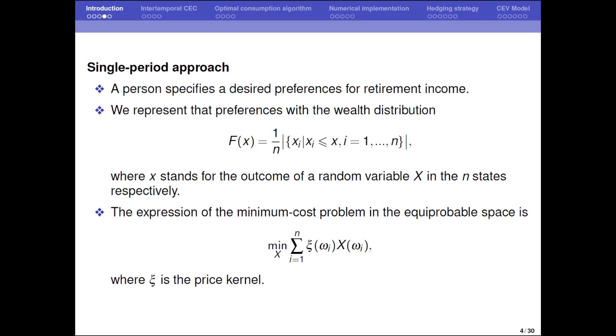The budget, that is the cost of this problem, is the expression of the cost-efficient, that is the minimum cost of the problem: the minimum random variable X that achieves the minimum over all random variables X of this expression, that is the random variable X multiplied by the price kernel psi.